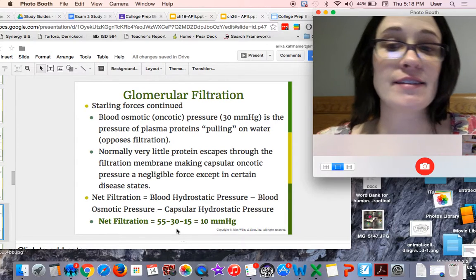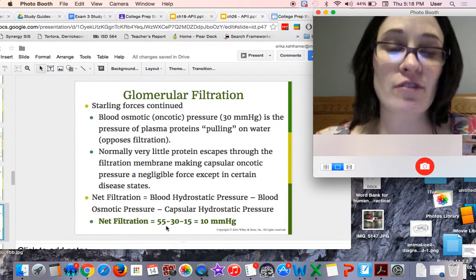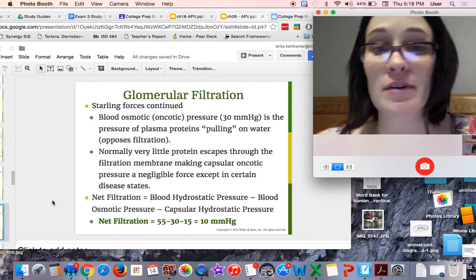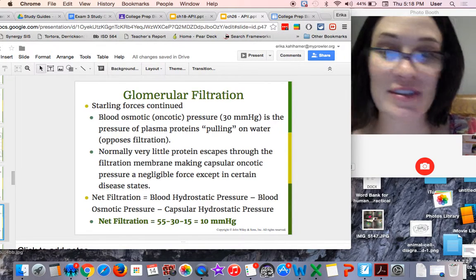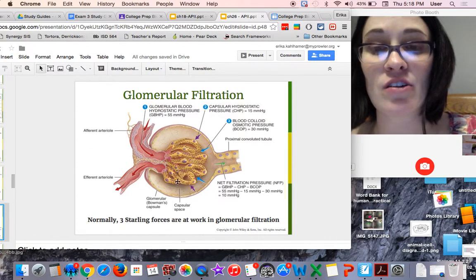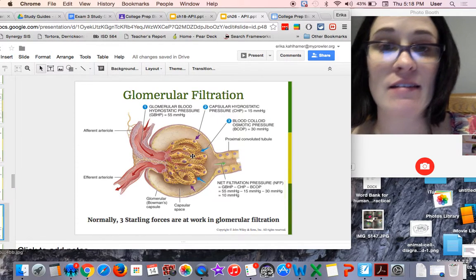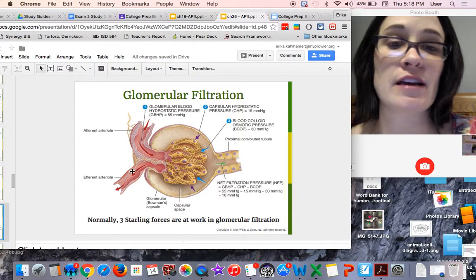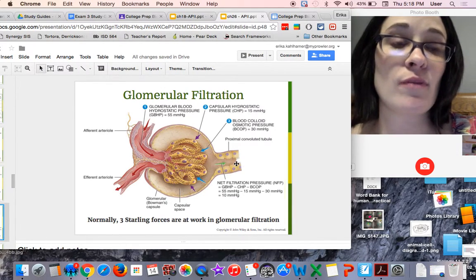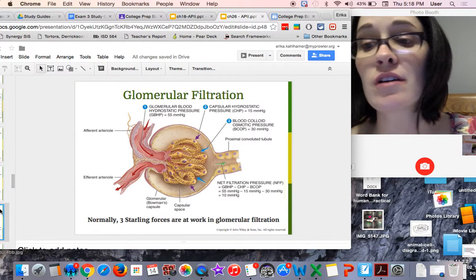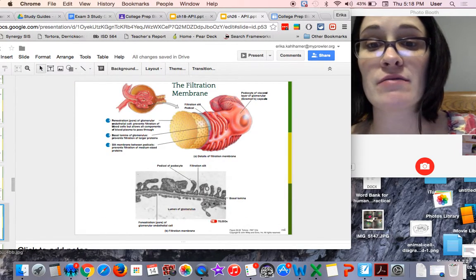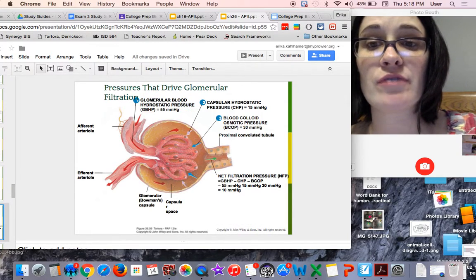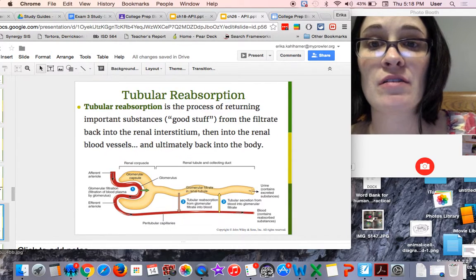So we will calculate the net filtration pressure, considering hydrostatic pressure, blood osmotic pressure, and some other pressures. So here's the glomerulus. Again, we're talking about fluid moving from the blood out this area. And the total amount is due to net filtration pressure. Again, the filtration membrane, renal filtration there.